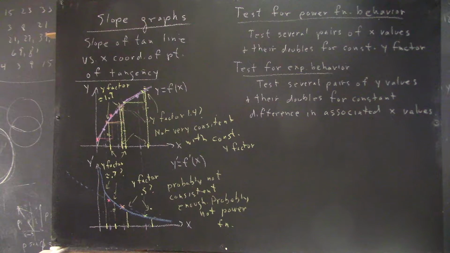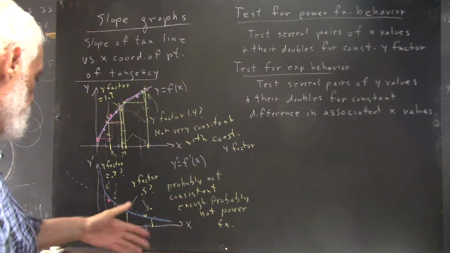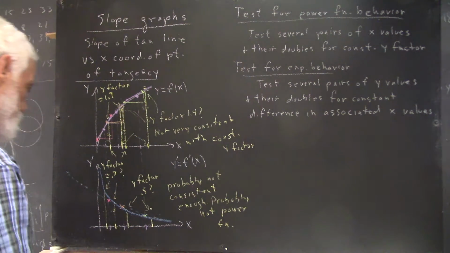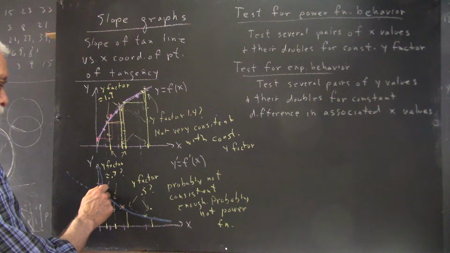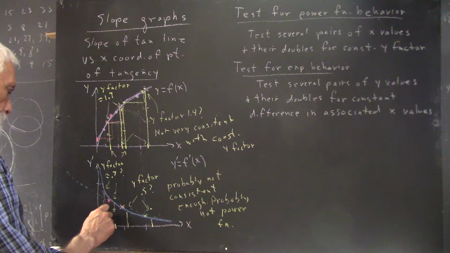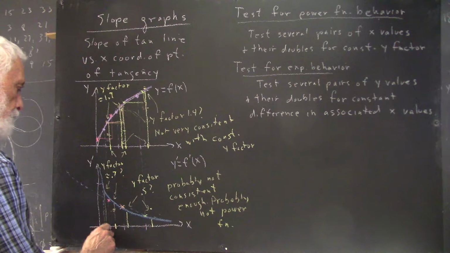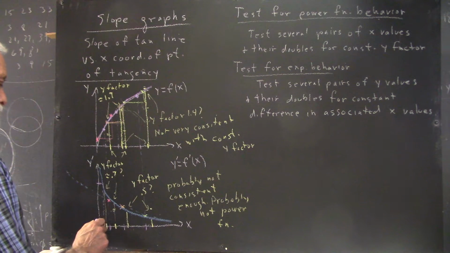What about exponential? Okay, let's find a couple of y values that have, rather than doubling x values, doubling y values. And what kind of color chalk can I use here? Okay, I'll do that in purple since I don't have much purple here. Okay, so let's say here's a y value, and right here is the associated x value.